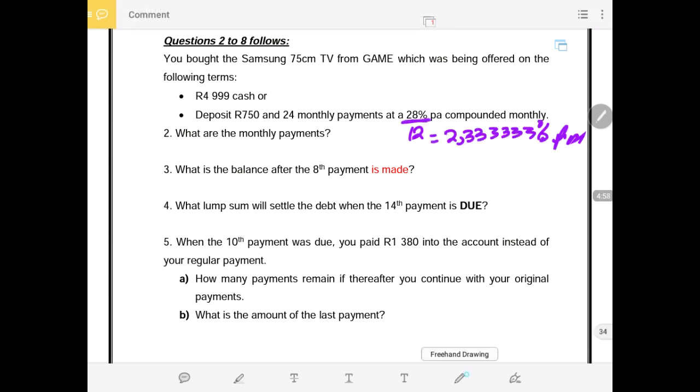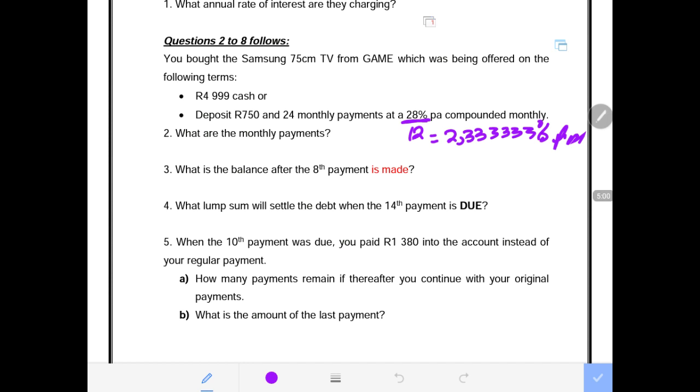So now we need to calculate PMT. We need to know first of all how much is our present value.